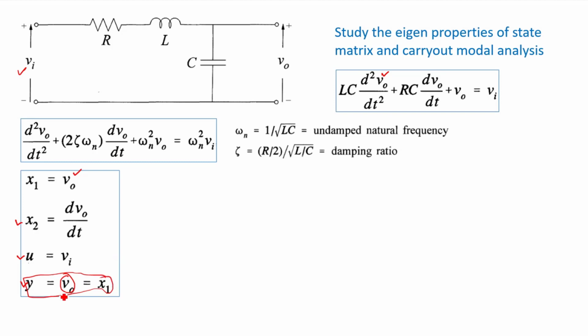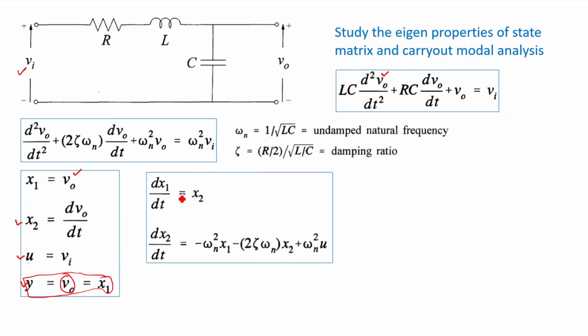Now if we substitute these state variables in the differential equation, we find dx1 by dt equal to x2, that is dVo by dt. And dx2 by dt, that is d squared Vo by dt squared, equals minus omega n square x1, here Vo, minus 2 zeta omega n x2, plus omega n square u. So now this is your state space model, right?